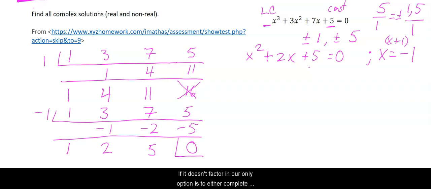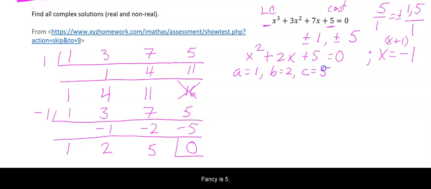If it doesn't factor, then our only option is to either complete the square and solve using the square root property or to use the quadratic formula. I'm going to use the quadratic formula. In this case, I'm going to write down what the coefficients are first. A is 1, B is 2, and C is 5.